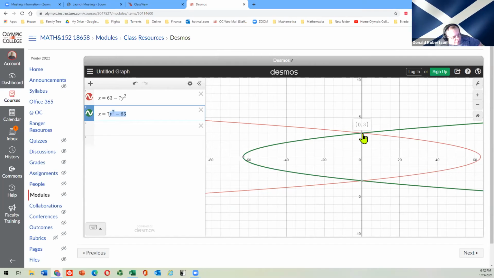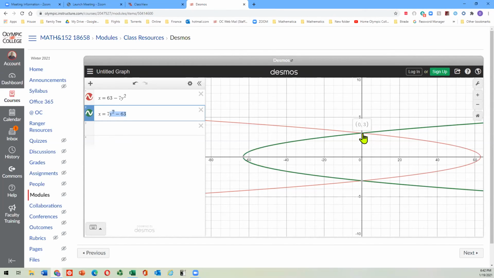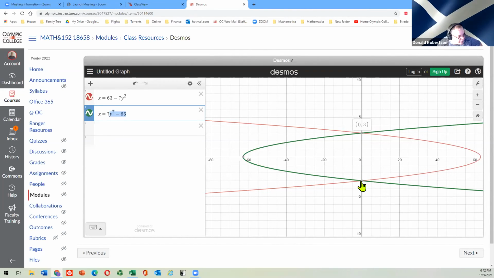Now, if I put my mouse pointer on it, can you see the coordinate 0, 3? Yes, I can see it, but it's very faint. Right? Doesn't that make the y value there 3 and the y value here -3? So you put all of that information together. The area between these two curves is y equals -3 to 3.